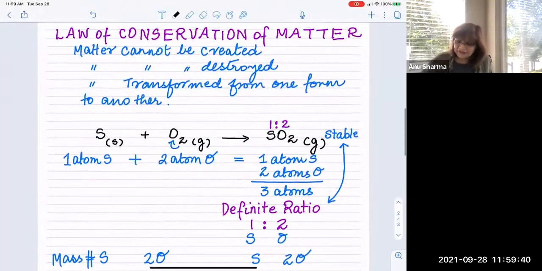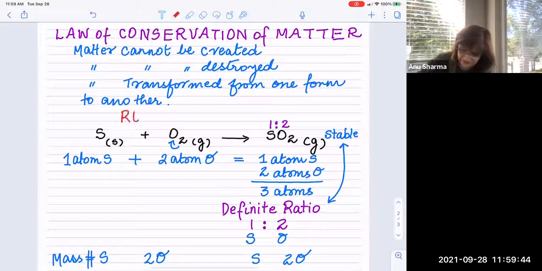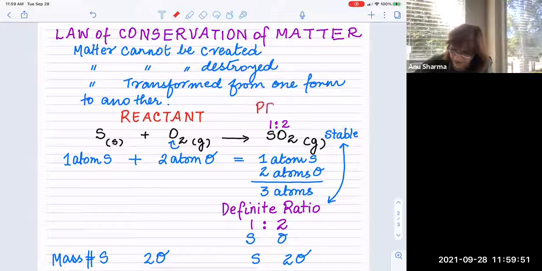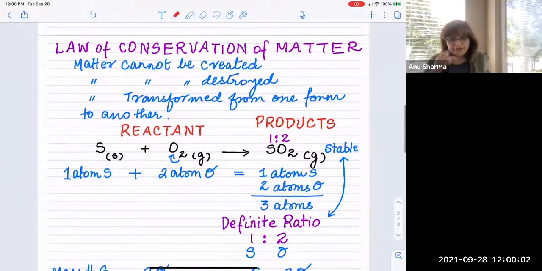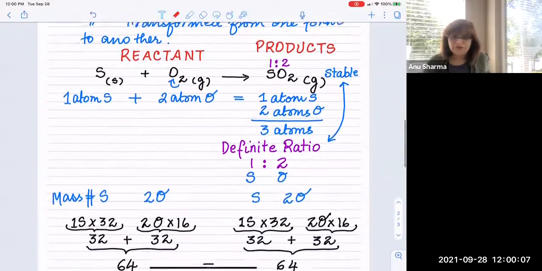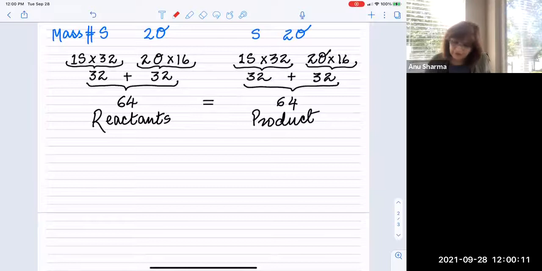Reactions are always written with the reactants on the left-hand side and the products on the right-hand side, and the weights have to be the same for the reaction to work. That is the law of conservation of matter, or mass. The total mass remains the same. It doesn't become 33 or 31, it's always the same.